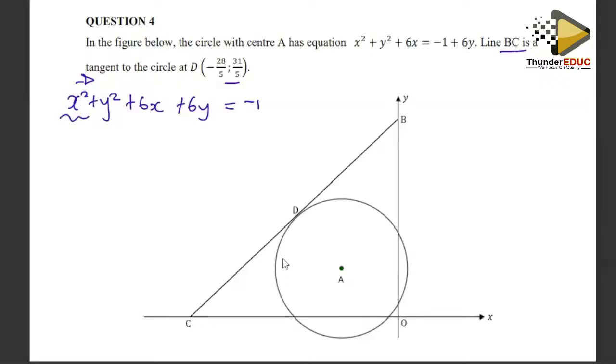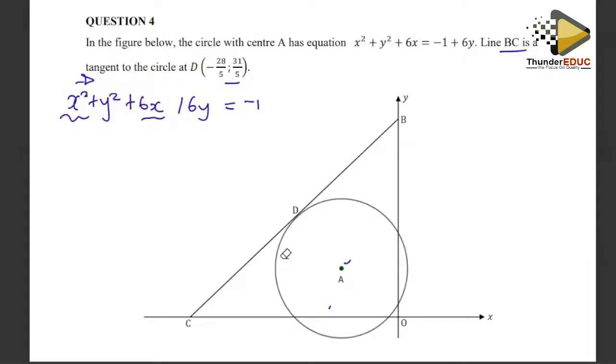So when you look at the x's, it's just x squared and 6x. Same story with the y squared and 6y. So how do we complete the squares in this case? So we can see that one value is negative, the other is a positive.